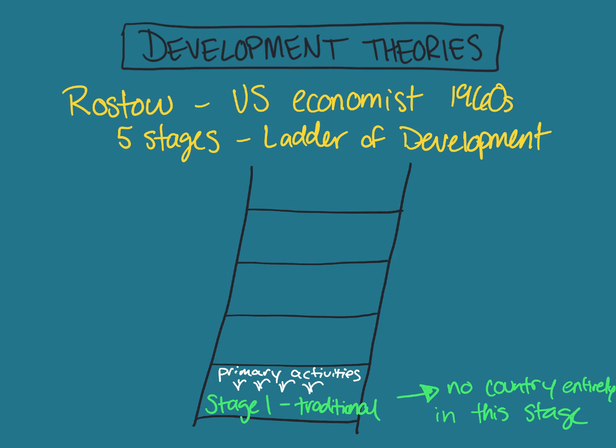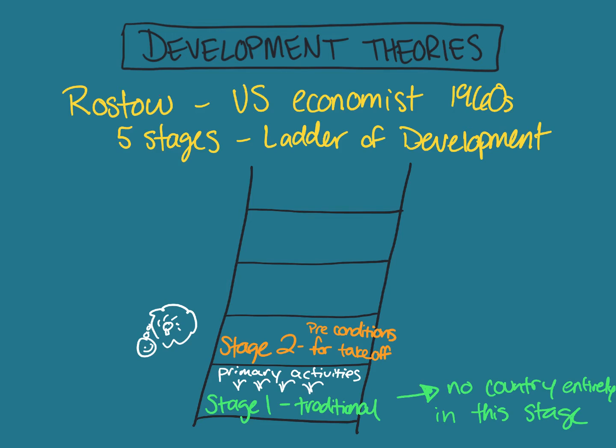Then we hit stage 2. Let's go orange. Stage 2 is long, it's called preconditions for takeoff. It's weird, I know. Think like an airplane. Here's a light bulb, and a happy dude, he is happy because he just got an idea.